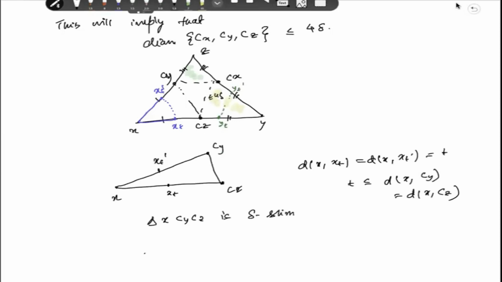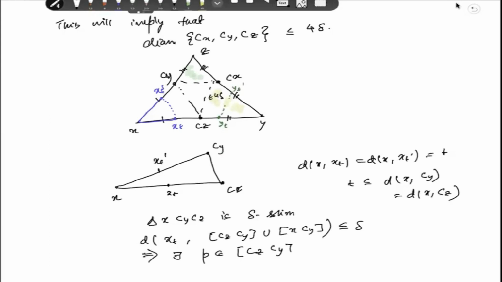So this means that the distance of xt to the union of the geodesic Cz Cy and the geodesic x Cy is less than or equal to delta. So this implies there exists a point P in the geodesic joining Cz Cy or P in this geodesic such that the distance between xt and P is less than or equal to delta.